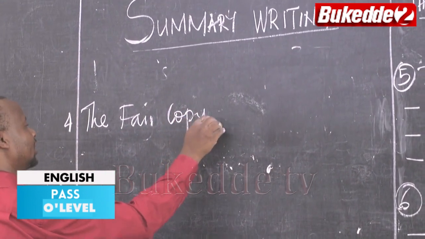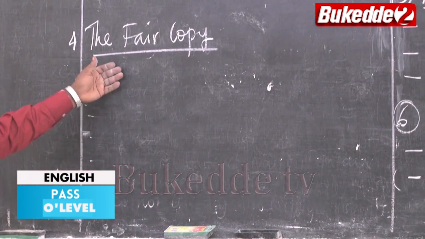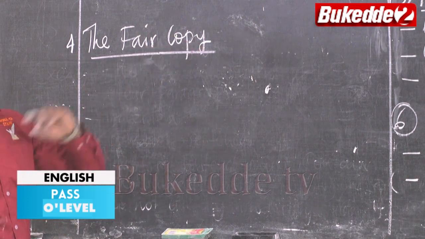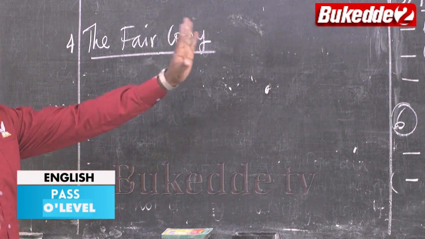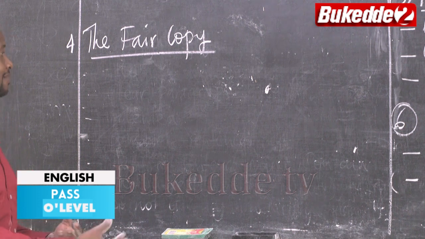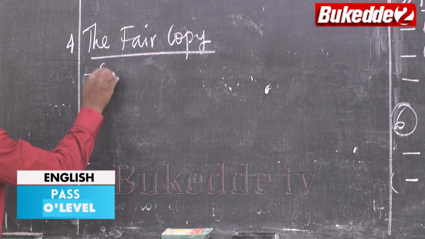Transfer only that material that you think is necessary. Count your words in the rough copy. Now, when you're writing the fair copy, make sure that it follows the same procedure as the rough copy. It must have the title, it must be well indented, and it must be in strictly one paragraph with sentences that are complete. After writing the fair copy, make sure that you count the number of words.